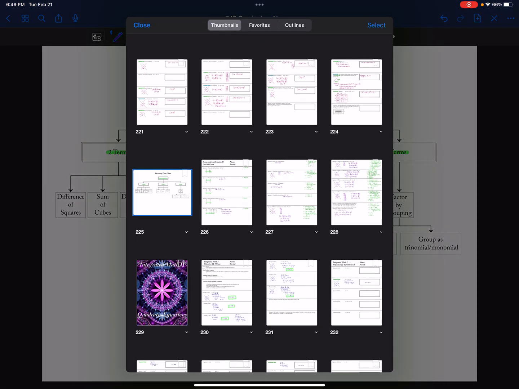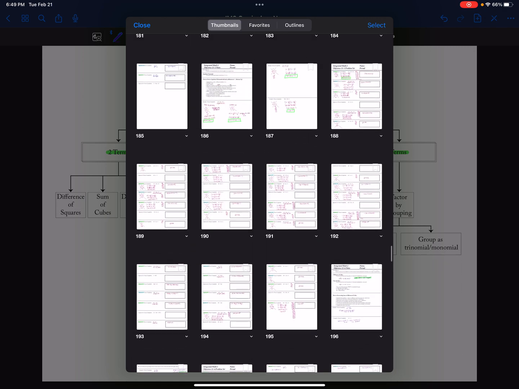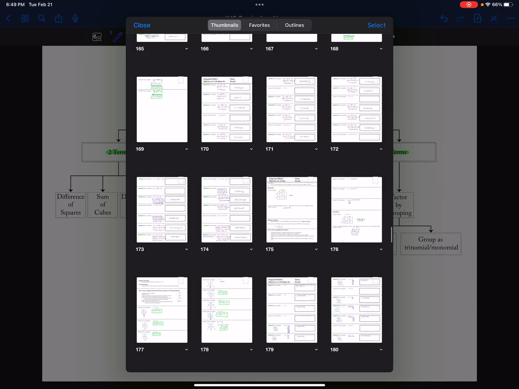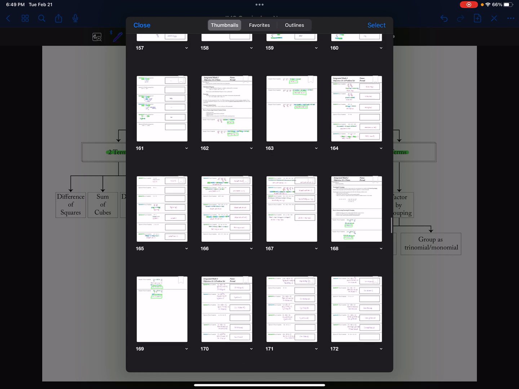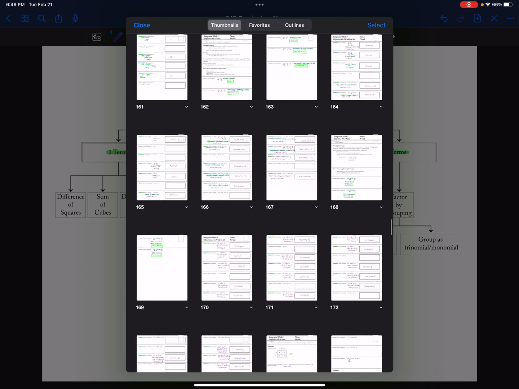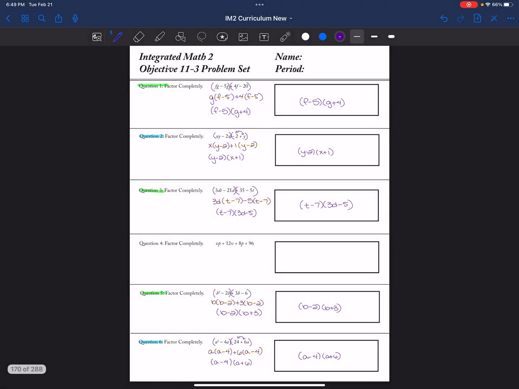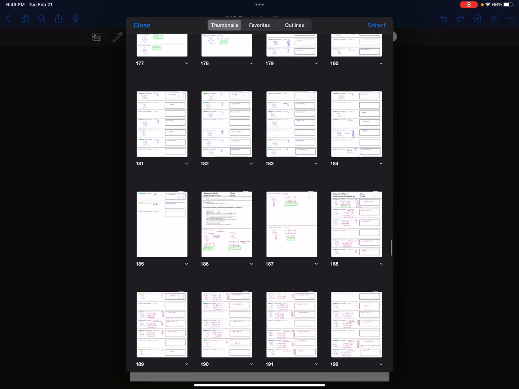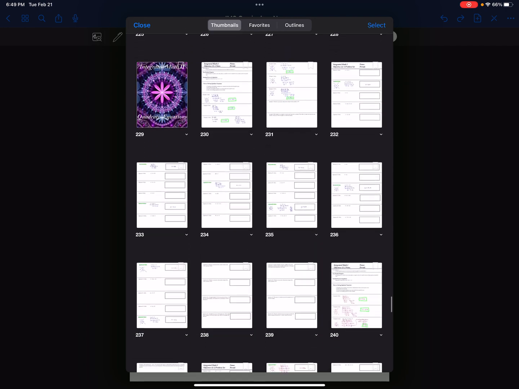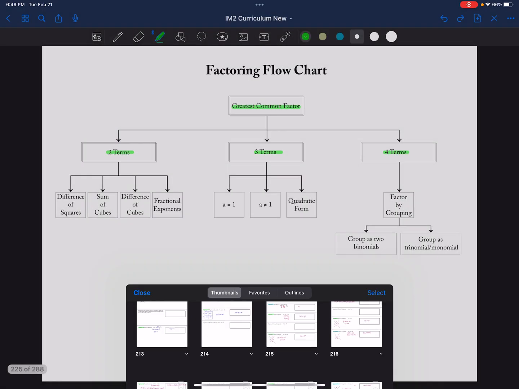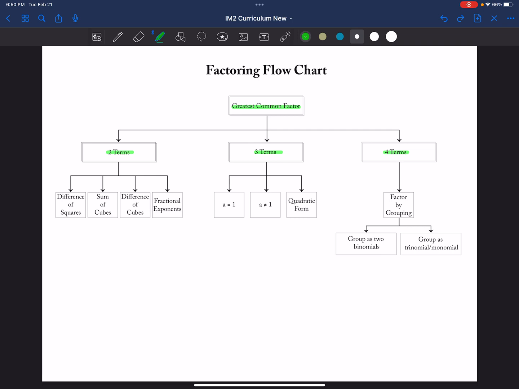Let's see if I can pull it up here. It was our factor by grouping one. Here's 4 terms. So I had 4 terms straight across. That is a factor by grouping situation. You're going to see me flip back and forth, so I apologize. 4 terms is factor by grouping.